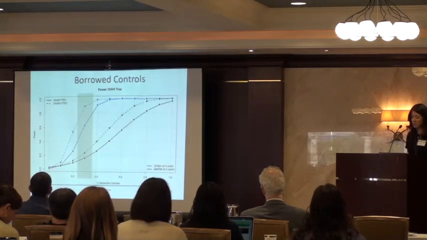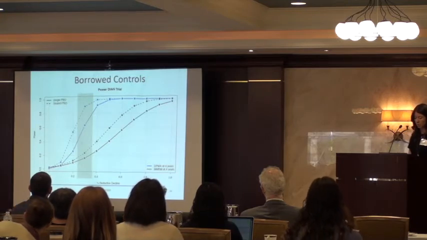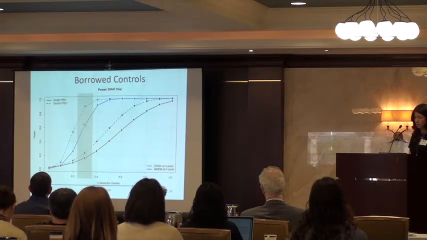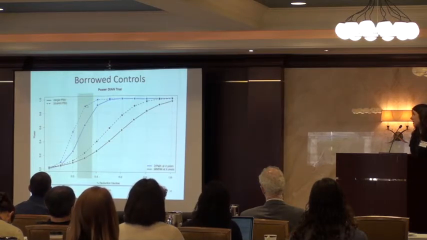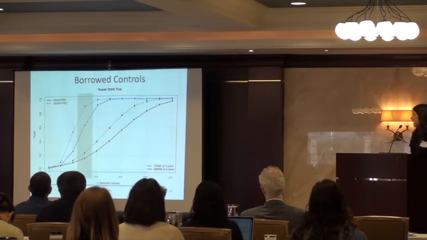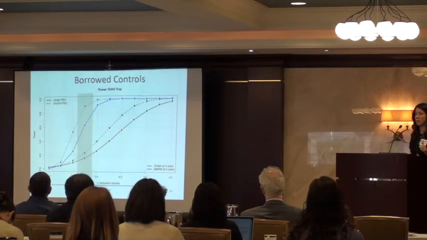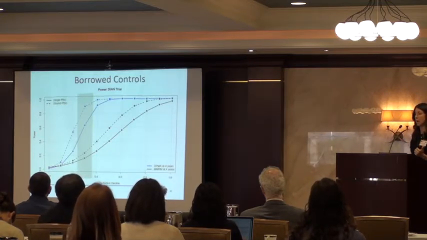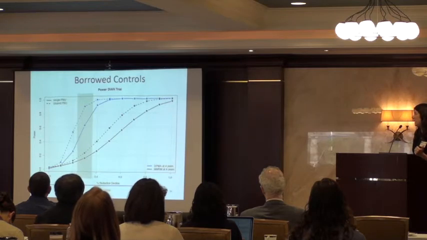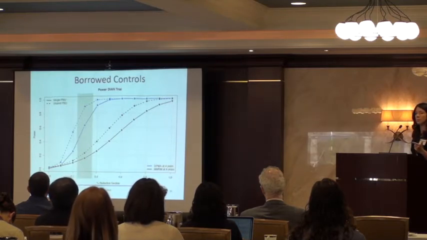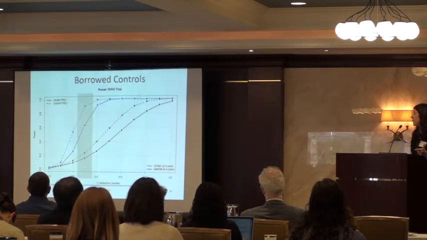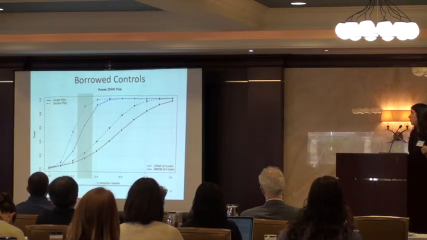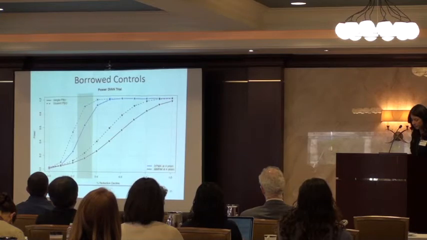This sharing of controls, or borrowed controls, takes us from a little bit above 60% power to nearly 90% power in our study. So just with a better analysis method that adequately uses all of the data and sharing placebo data between 2 treatments, we're able to take the power of our study from less than 20% to above 90%.